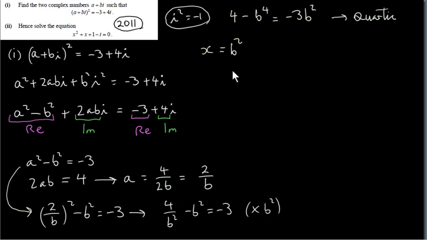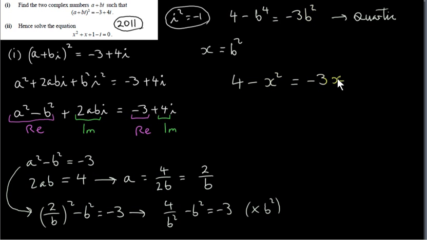So if x equals b squared, we get 4 minus b to the power of 4. Well, what is b to the power of 4? Well, that has to be x squared. Because if you square x, well, you're squaring b squared. That's b to the power of 2 times 2, which is b to the power of 4. And on the right hand side we have minus 3 times b squared, which is x.